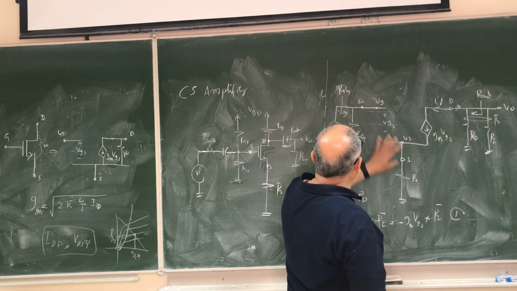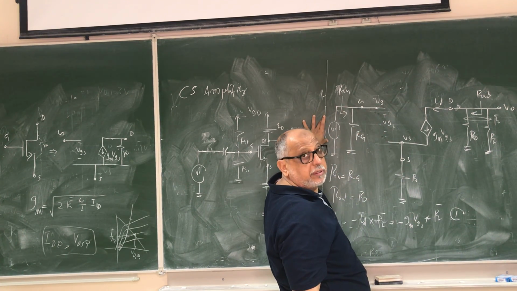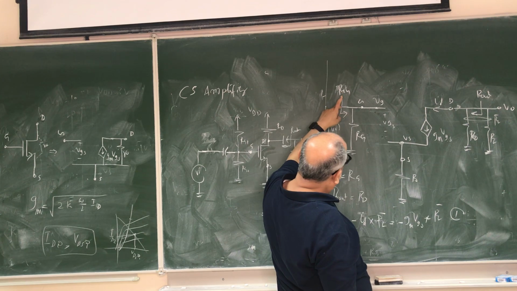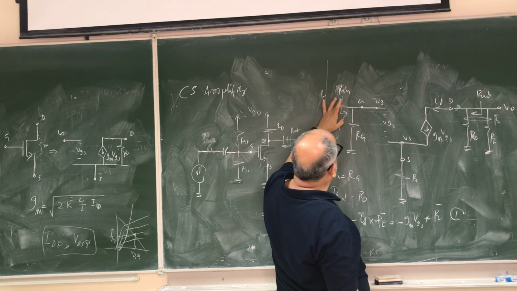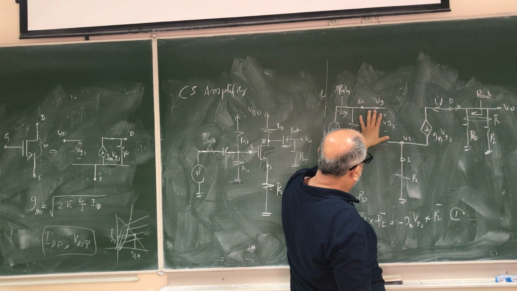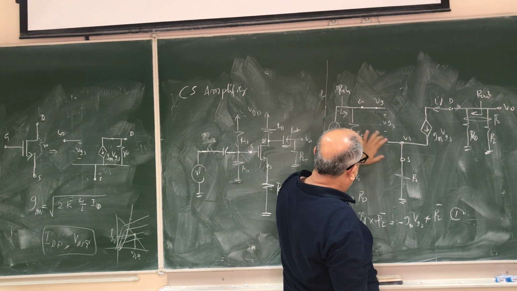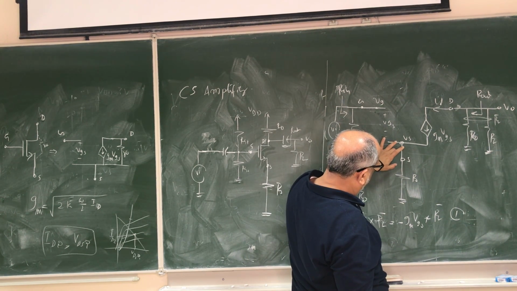What is VGS? You cannot say VG equal to VI. Be careful. There was a resistor here and there was no resistor here. If there is a resistor RS or not, VGS is not the same as VI because we have something here now.